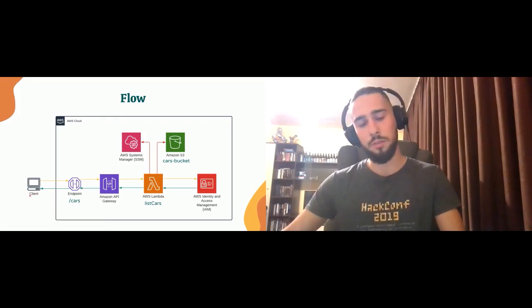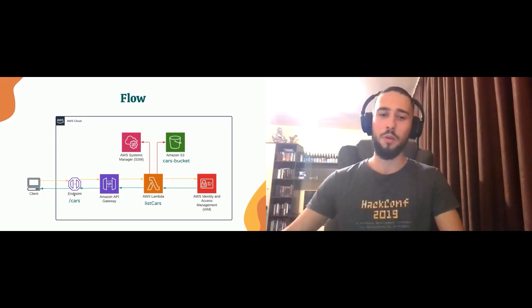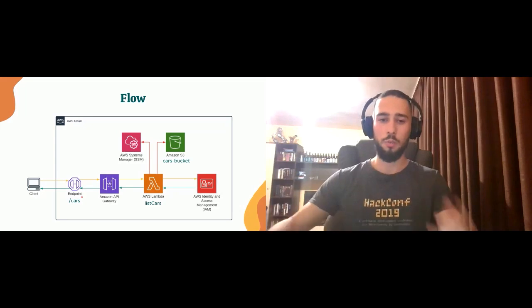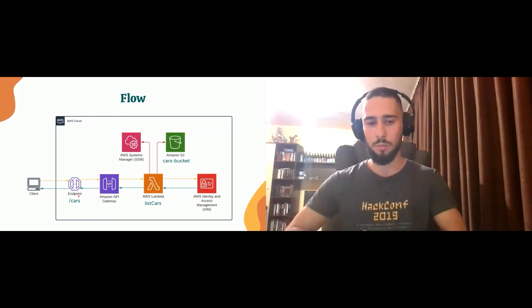So starting with our client, he or she will make a request to our endpoint. If you are familiar with REST terminology, and I hope you are, endpoints are just regular REST endpoints that we'll define, but using the Amazon API Gateway service.